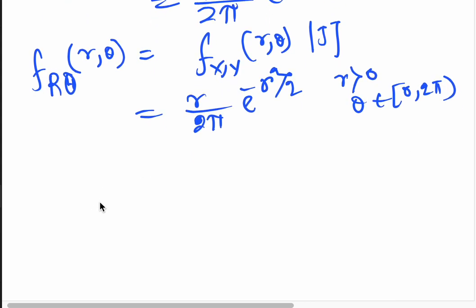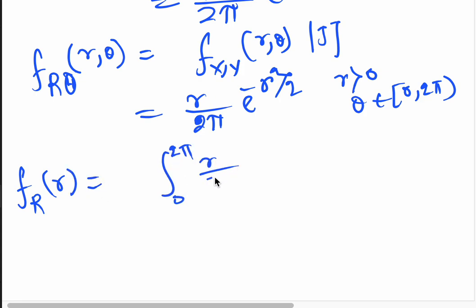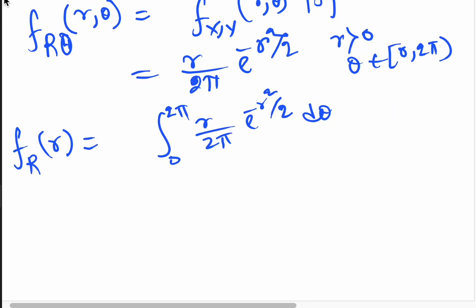Now the marginal distribution of r will be the integration over theta from 0 to 2 pi of r by 2 pi e to the power minus r square by 2 d theta, that is simply r e to the power minus r square by 2.